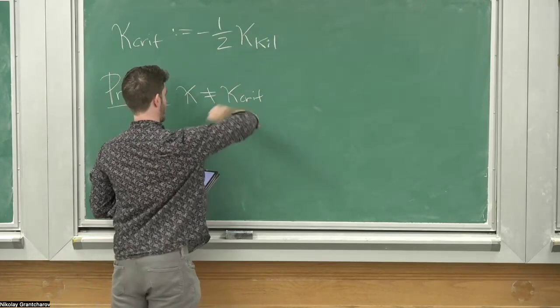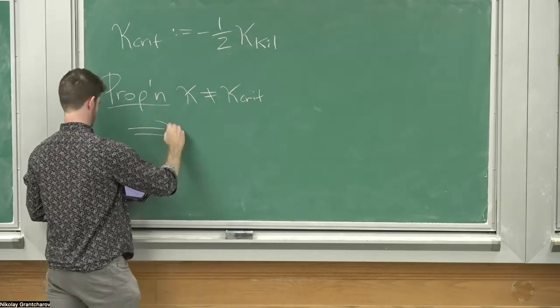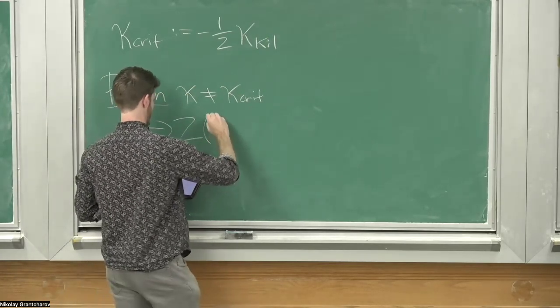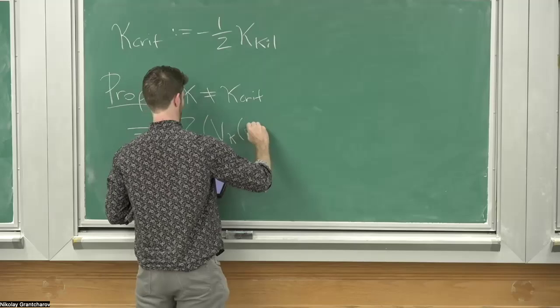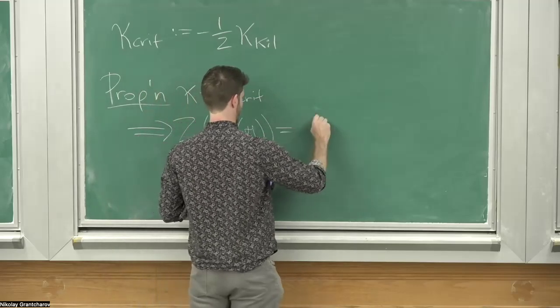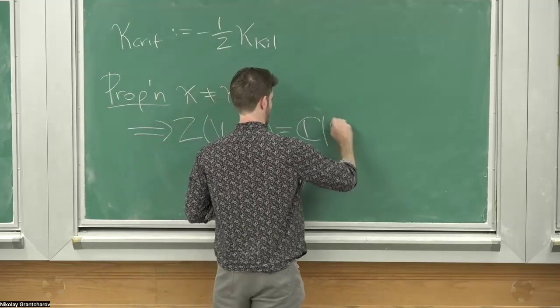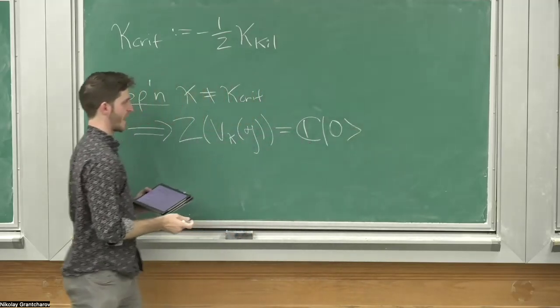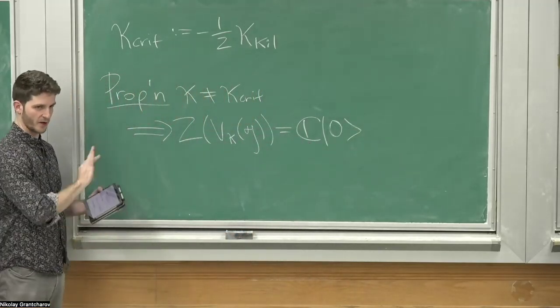So for non-critical level, it turns out that the center is trivial. It's as small as it can be, which is to say the vacuum vector is always in the center, and for non-critical level, that's everything.